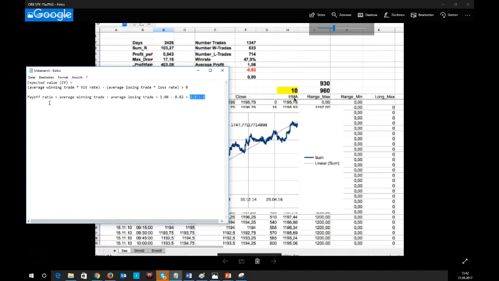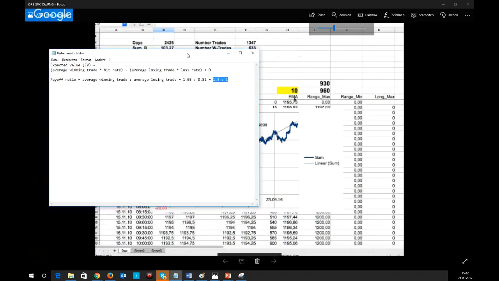And then you can include this in the formula. You can type this in the formula for the expected value. So it's EV, and you have the average winning trade, 1.3.